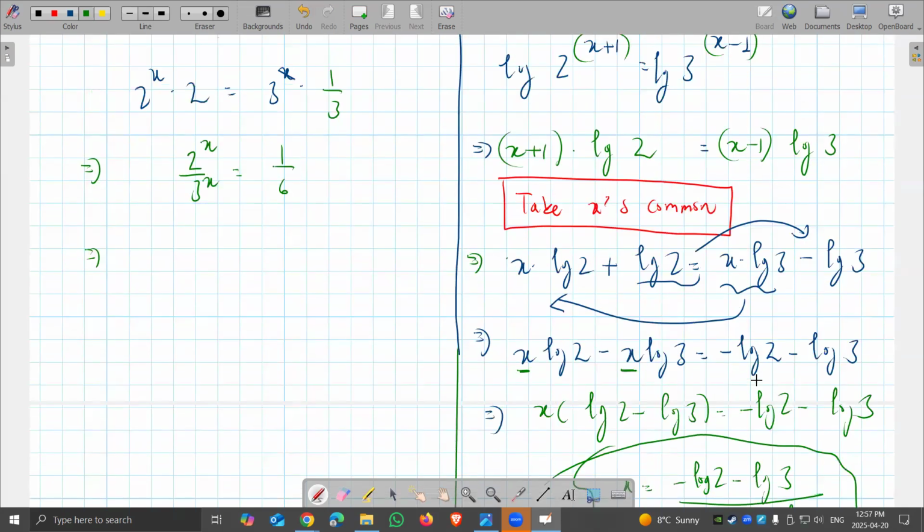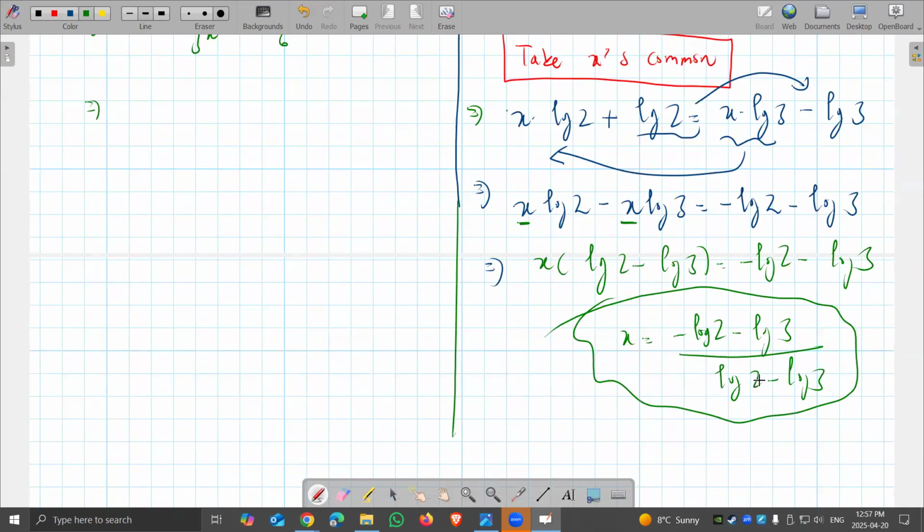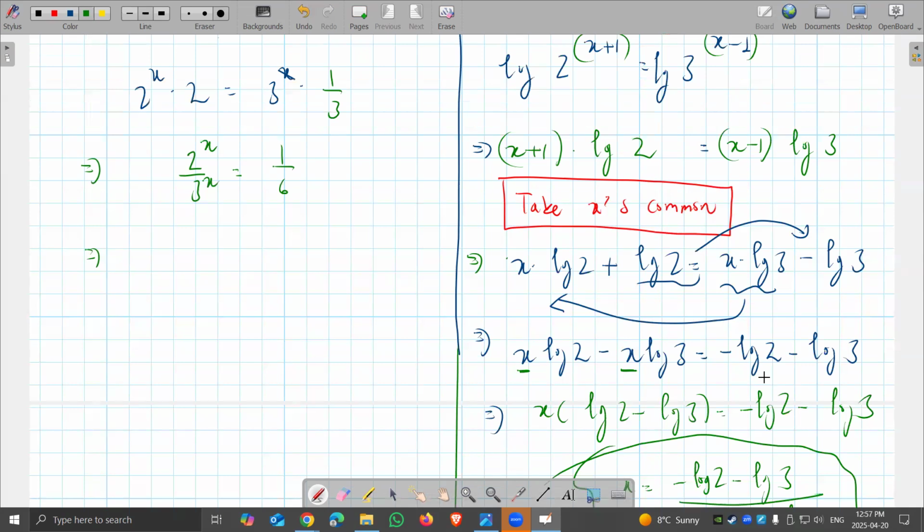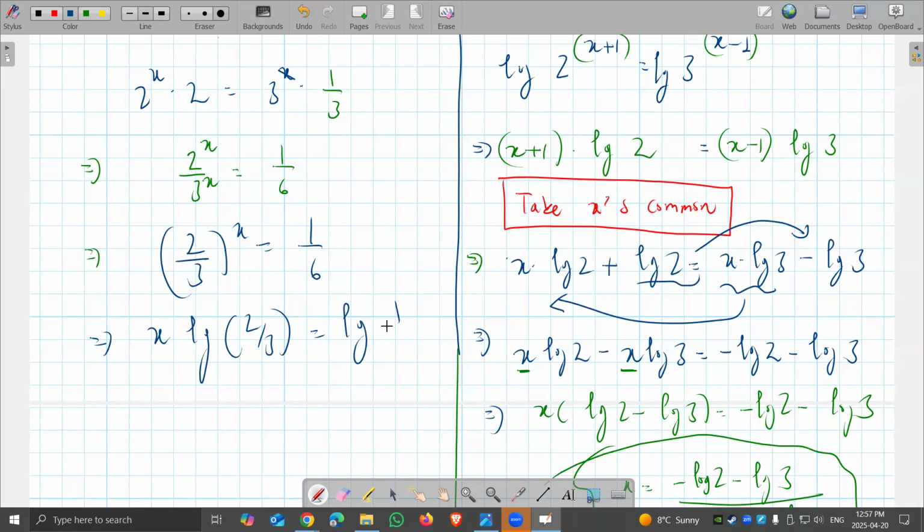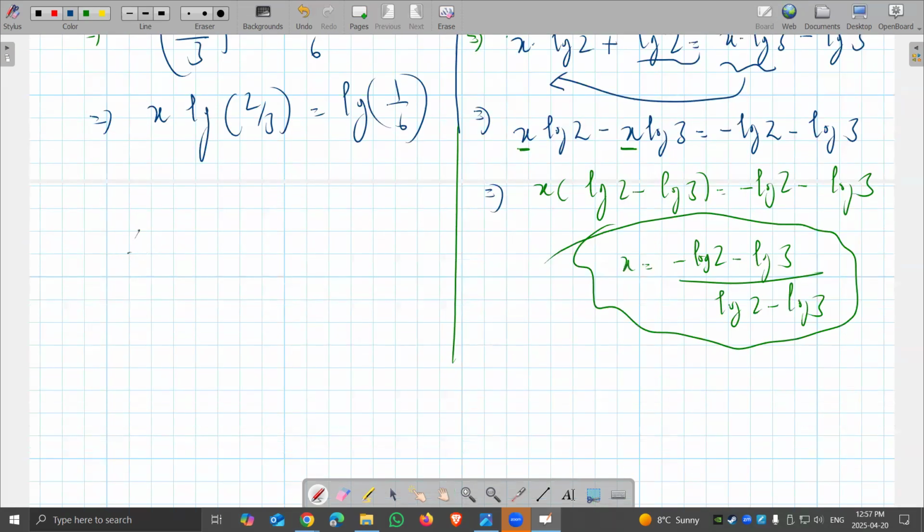Let's see if it's easier or harder using the other method. I reckon it's easier because here what you can do is combine this into one power of x like that. And then you take logs on both sides. I'm going to skip a step. And then therefore x will be log of 1 over 6 divided by log of 2 over 3.